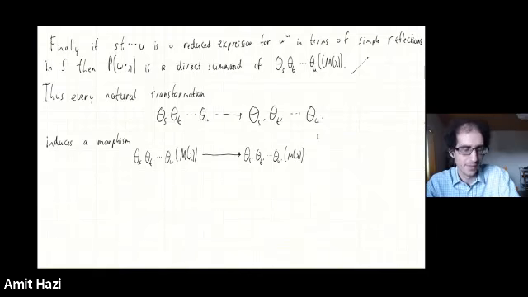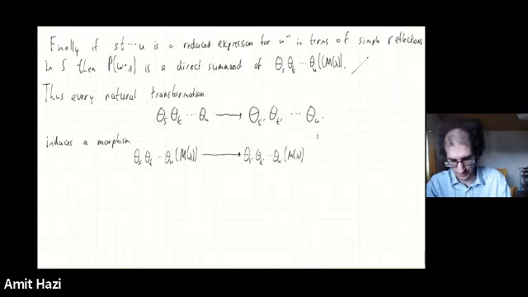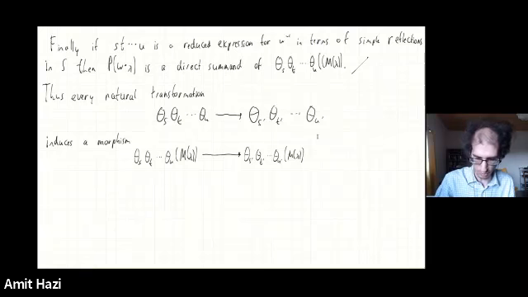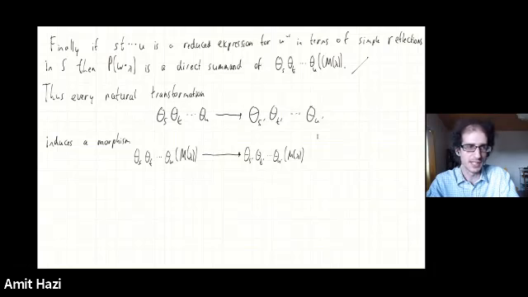And inside, by the proposition, inside the domain and the codomain as a direct summand are the projective covers of certain simple modules. In fact, we can say more. This is a morphism of projectives in general, because it turns out that M of lambda for lambda dominant integral is projective itself.